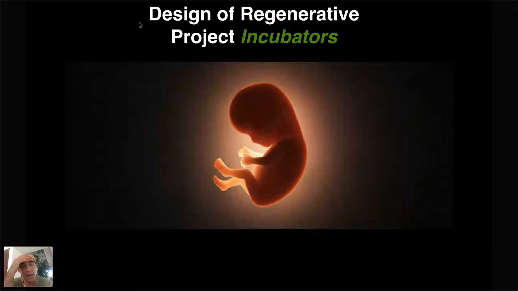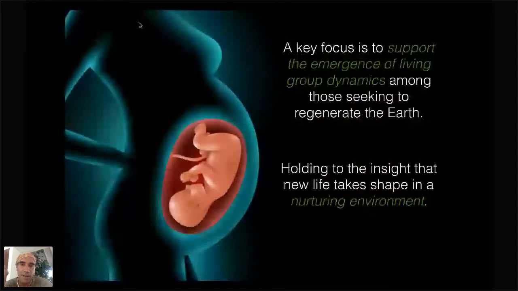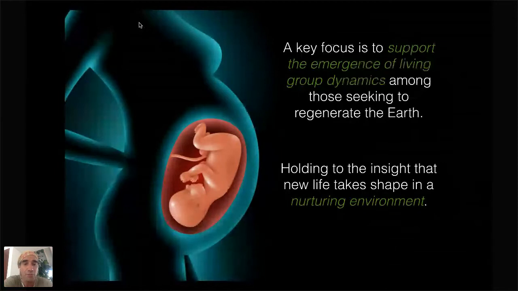So what I really want to start with is a framing of this regenerative project incubator by saying that a key focus is to support the emergence of living group dynamics, that our projects are groups of people working on shared goals, shared purposes, to achieve shared outcomes, and that these are things that need to happen within group settings. So a key focus is to support the emergence of living group dynamics among those seeking to regenerate the earth.